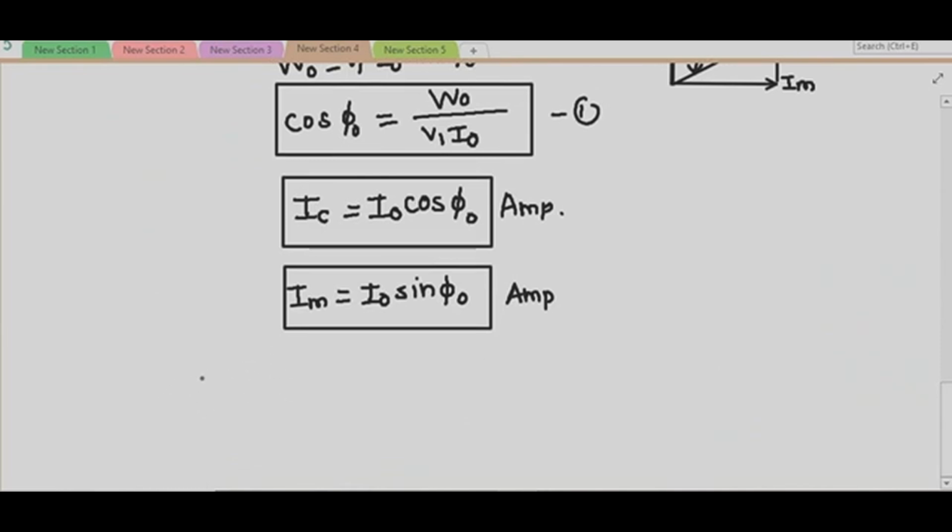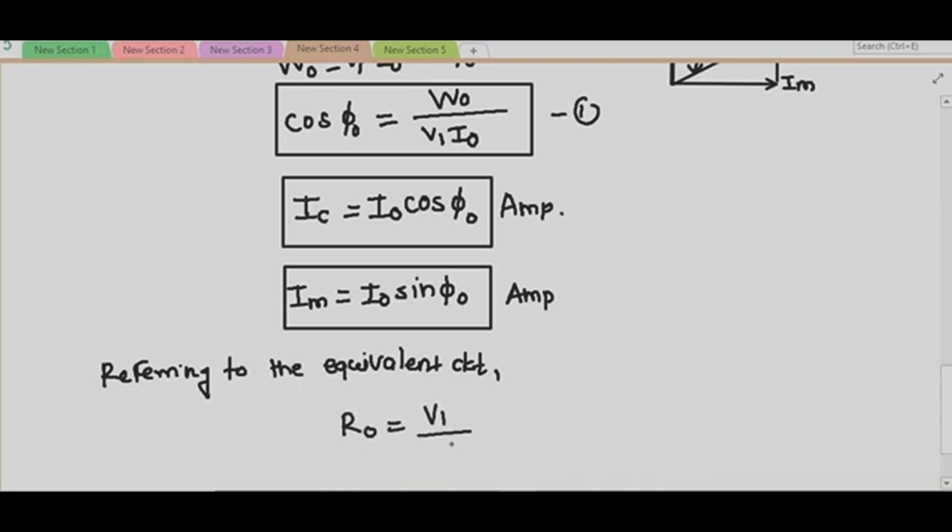So referring to the equivalent circuit, we can write down R0 is equal to V1 upon Ic. How to find out Ic? From equation number 2. So we'll get the new equation.